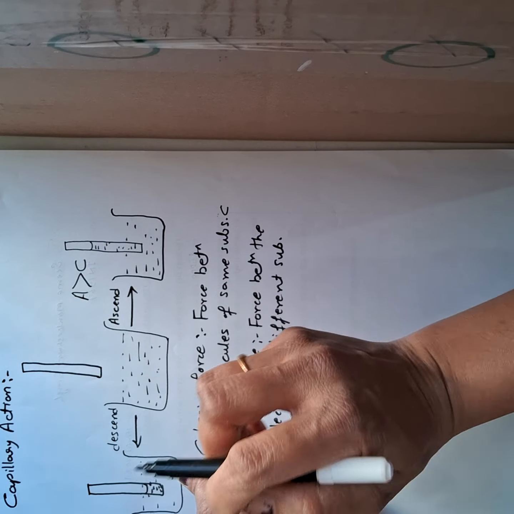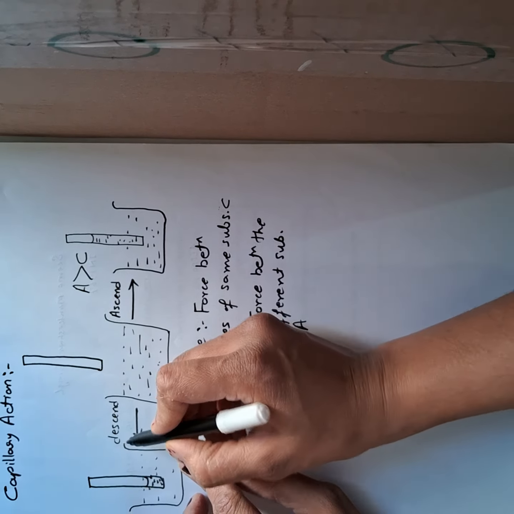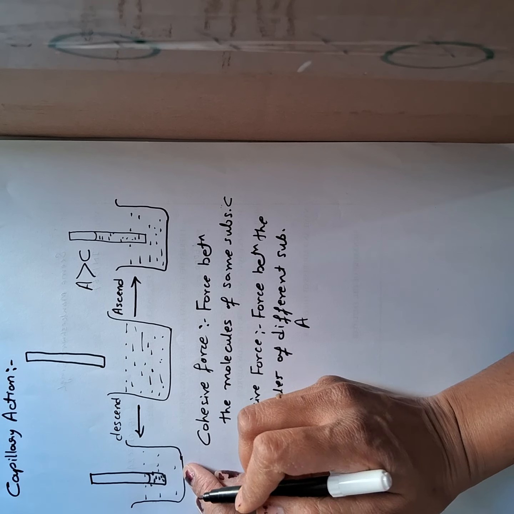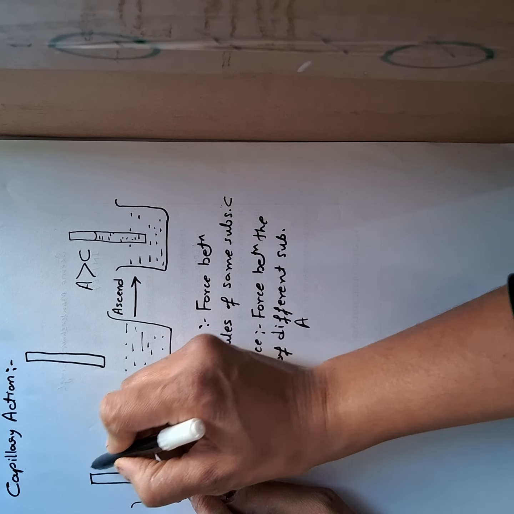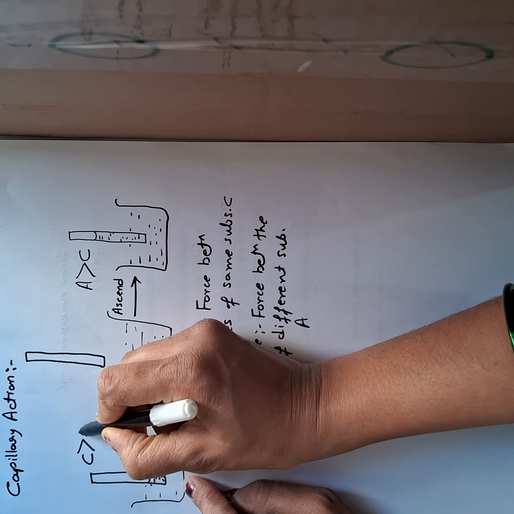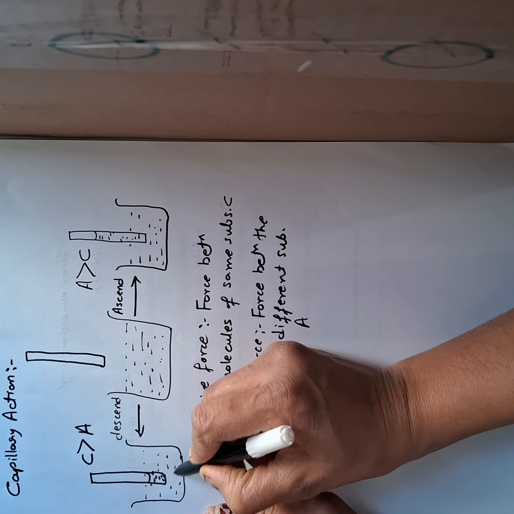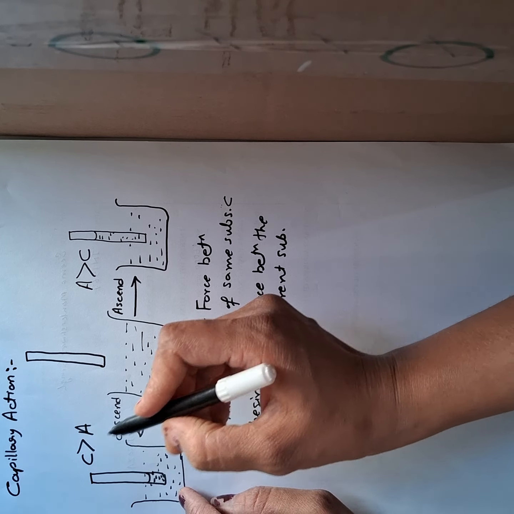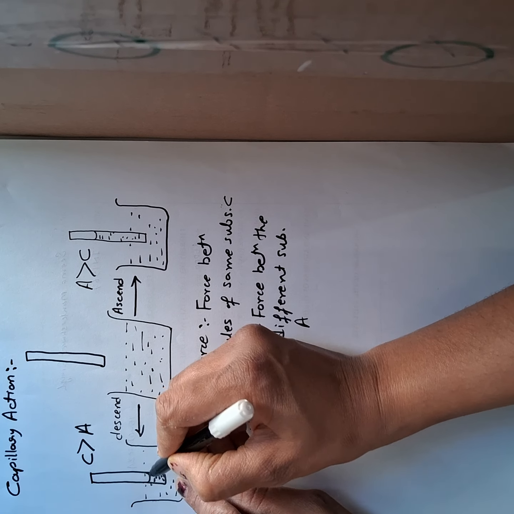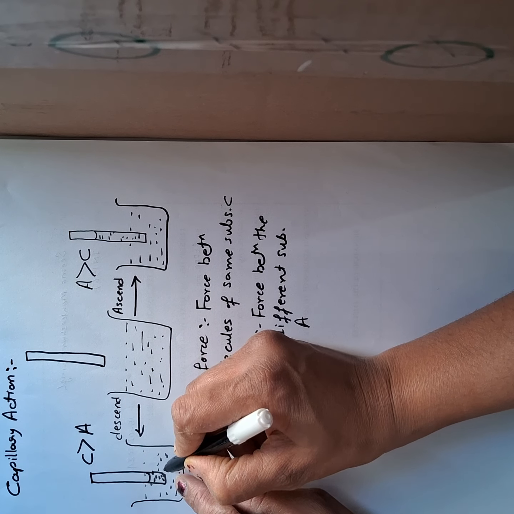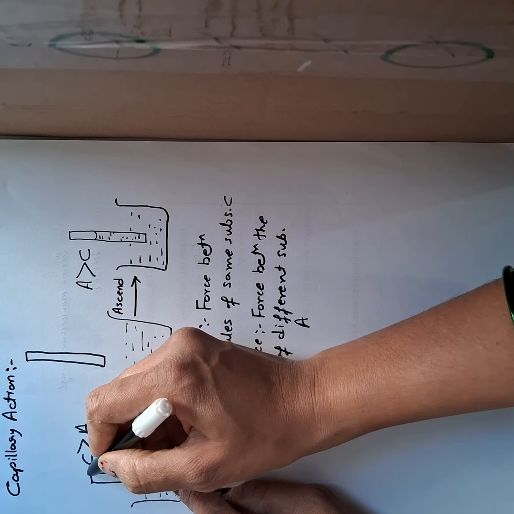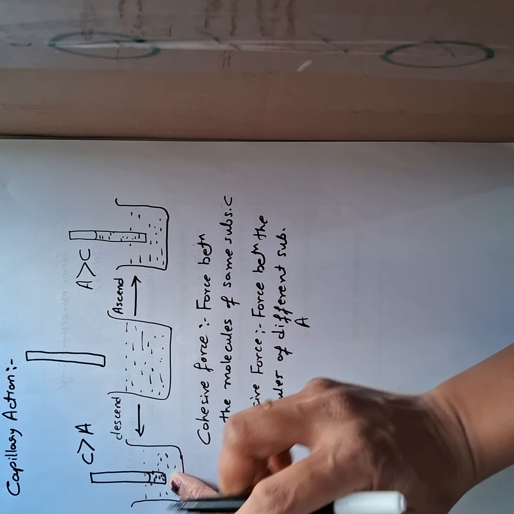Okay. What happens in the second case? In the second case, the liquid descends in the capillary. Why? Because the cohesive force is stronger than the adhesive force. The liquid molecules have a stronger force of attraction than the force of attraction between the molecules of liquid and the molecules on the surface of this capillary.